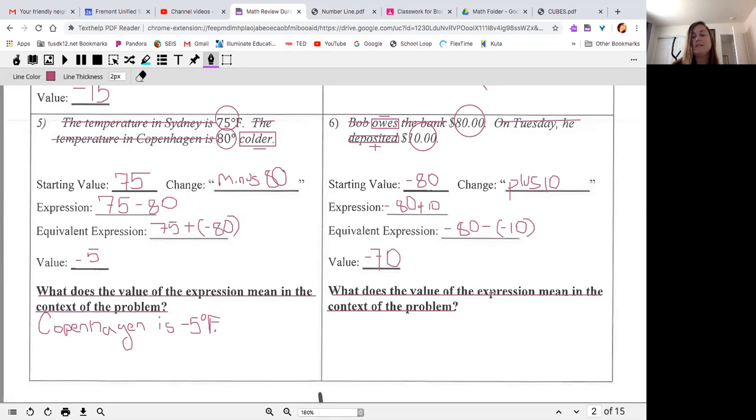Okay, what does the value of the expression mean in the context of the problem?